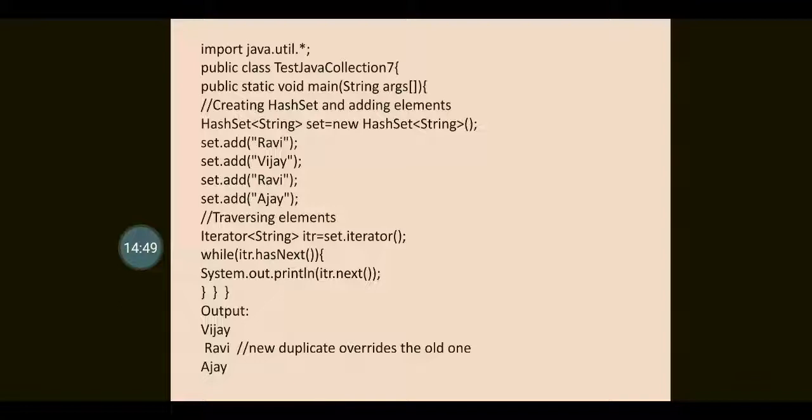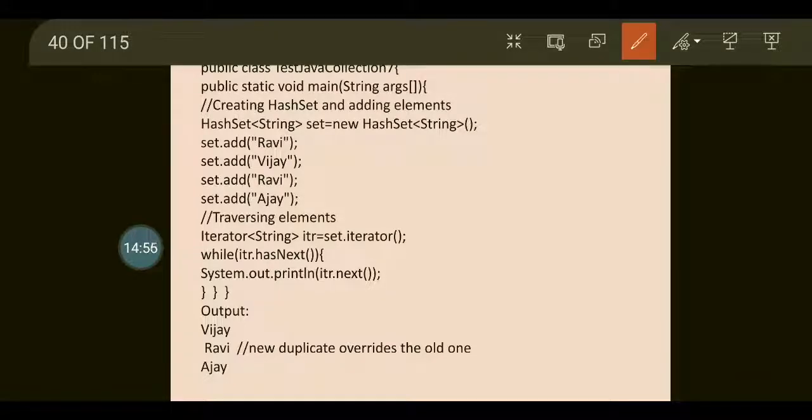Similarly, with the help of the iterator, when we traverse the elements of the set, the output will be Vijay, Ravi and Ajay, which means that the new duplicate overrides the old one.